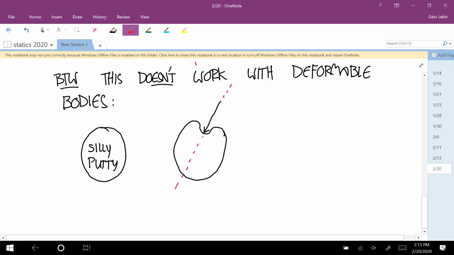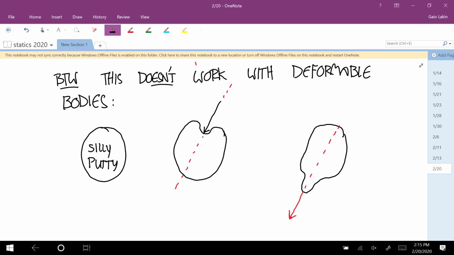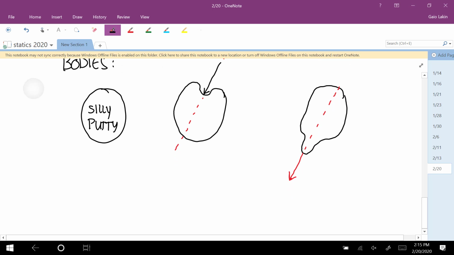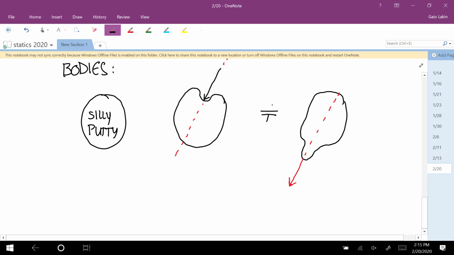If you move that force along its line of action, it would do this. Yeah, so you can only make this substitution and have the calculations be the same when you're treating things as rigid bodies. These are not the same.